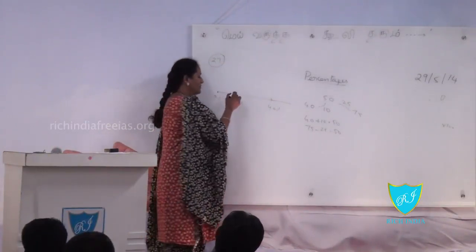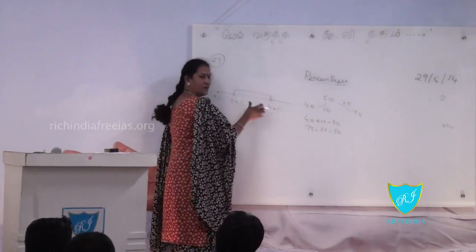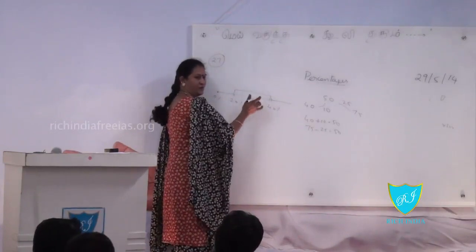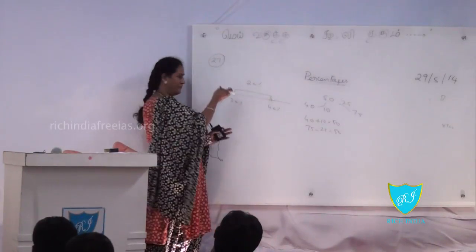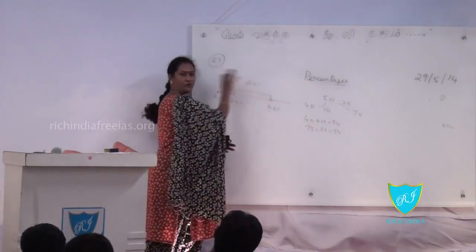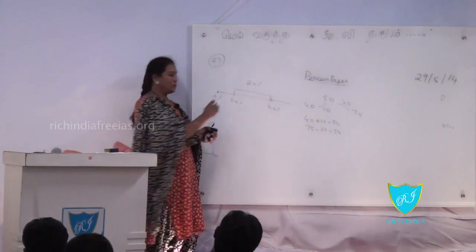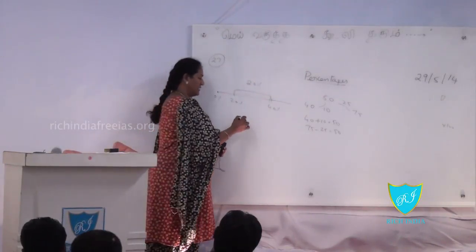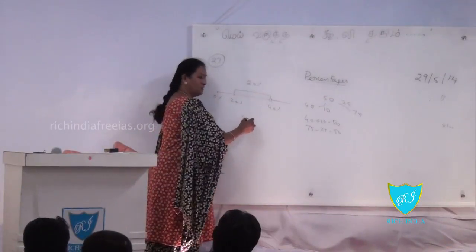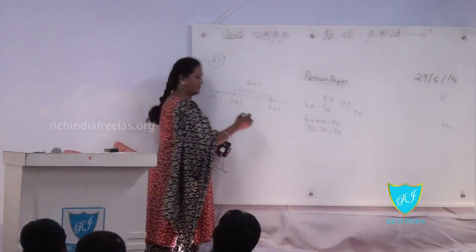So what is the percentage of marks in this region? 20%. So between the failing person and the passing person, you have 20% of marks. You have to locate where the pass percent is. By how many marks does he fail? 40. By how many marks does he clear? 120.